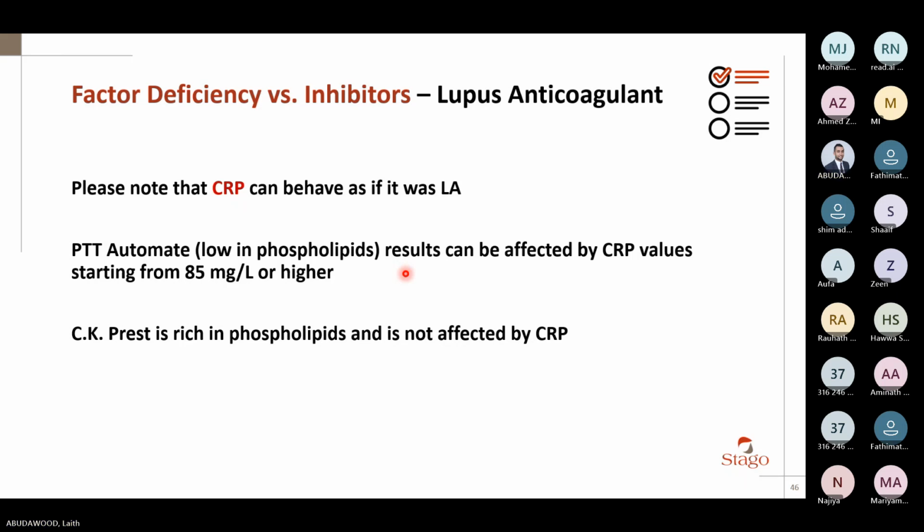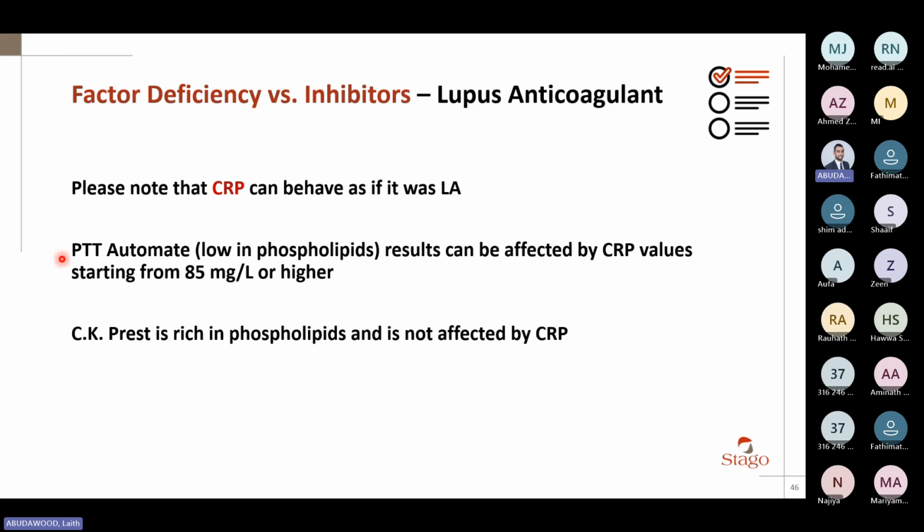Lupus anticoagulant binds to negatively charged phospholipids, which interferes with your coagulation assay. CRP as well binds to the negatively charged phospholipids, and it blocks your coagulation factors from binding to these phospholipids and doing their function well. So CRP functions very similarly to lupus anticoagulant. That's why assays which are low in the negatively charged phospholipids are very sensitive to the presence of CRP.